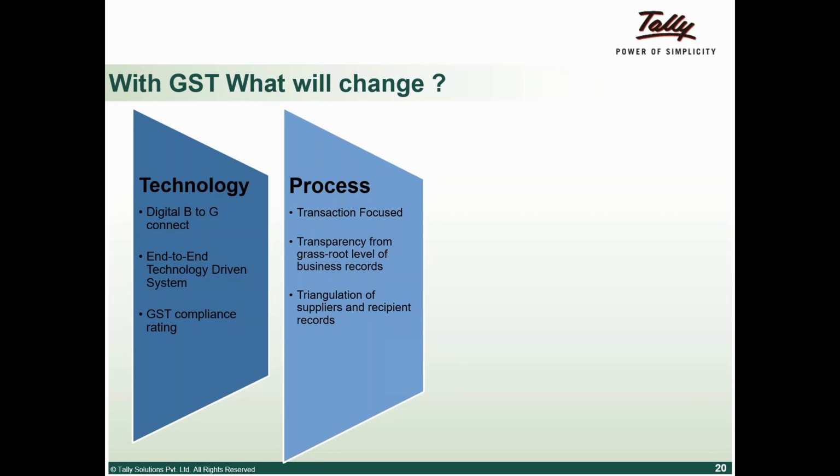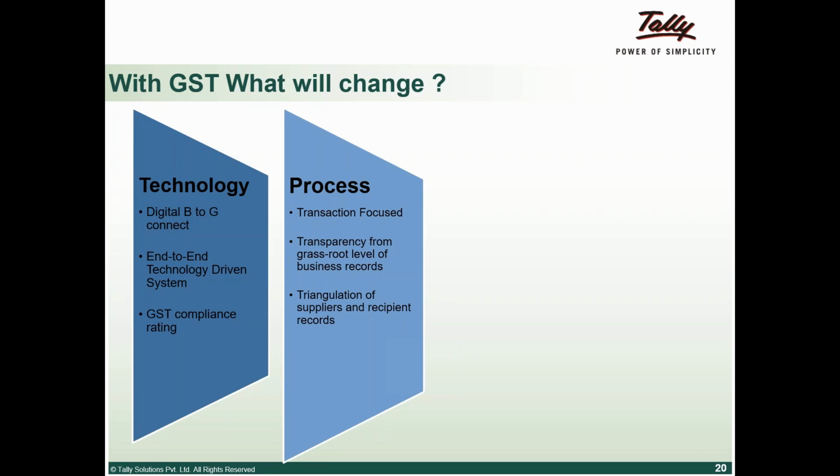The process, if you see, is one, transaction focused, right? All my purchases and all my sales that I'm recording and uploading need to be recorded and uploaded properly, because the other party is also going to upload that information, and that will get triangulated, or cross-verified, right? So that is number one.